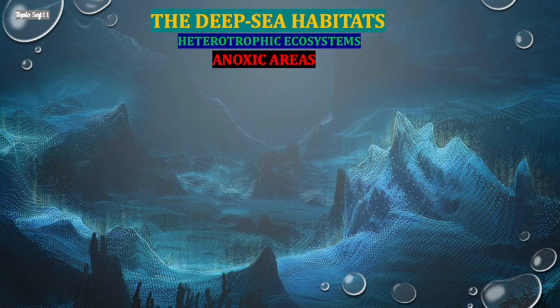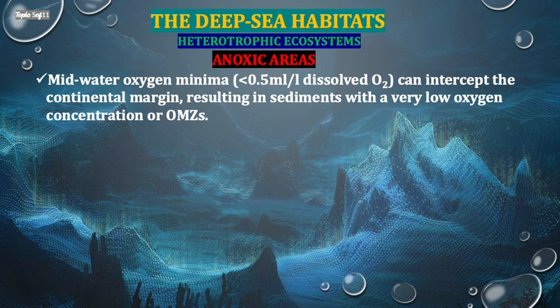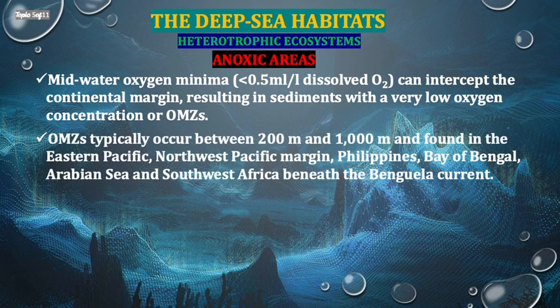Okay, so I have mentioned earlier that anoxic areas are mid-water oxygen minima that can intercept with the continental margins, and the resulting sediments lead to very low oxygen concentration in the water. So these areas are called OMZs, or oxygen minimum zones.